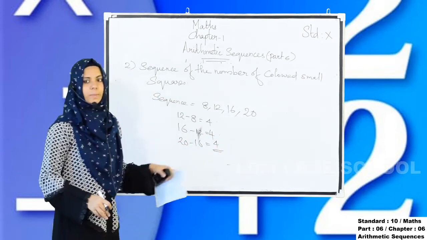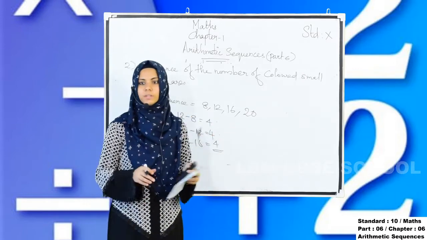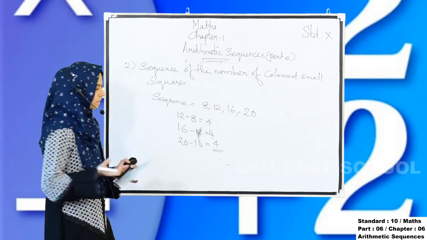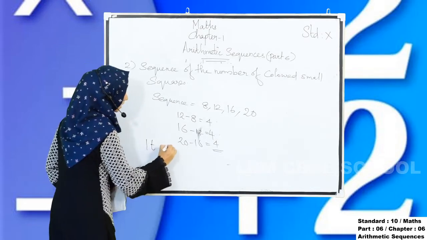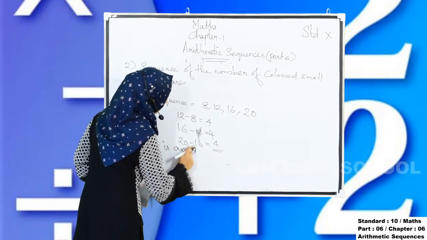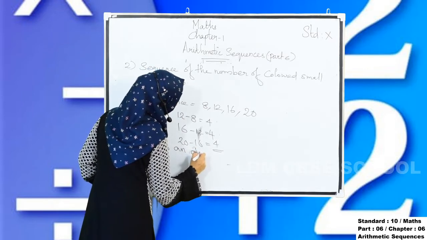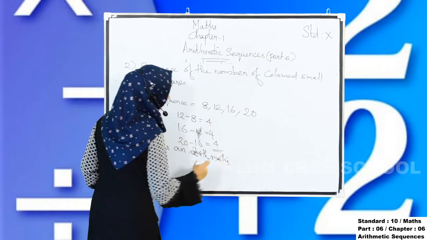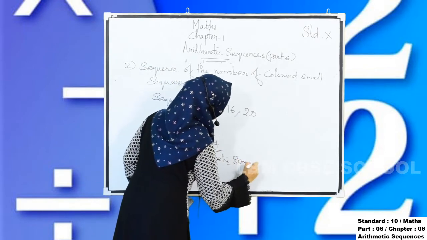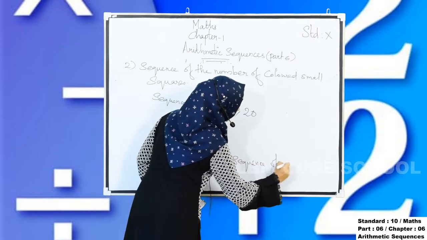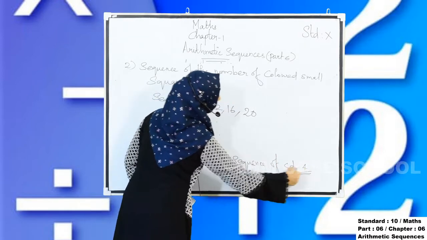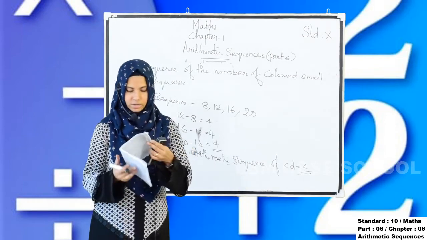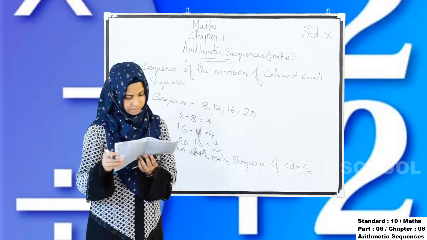So the common difference in this sequence is the same. Then we can say that it is an arithmetic sequence. So we can write it is an arithmetic sequence of common difference, how much? 4. You understand? Then moving to the next question, that was also a picture.